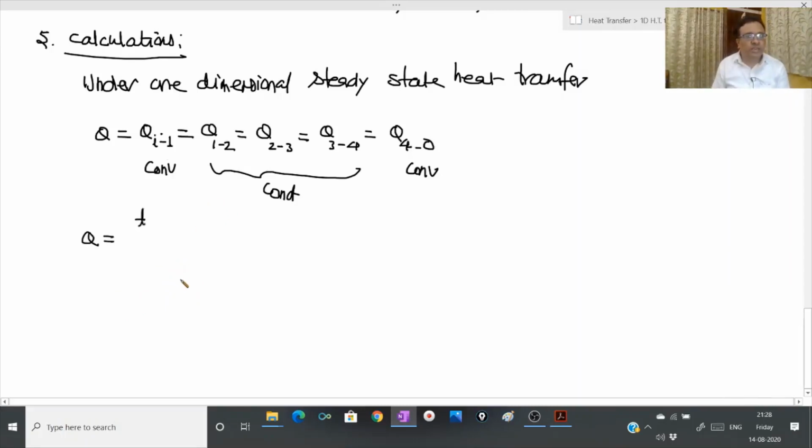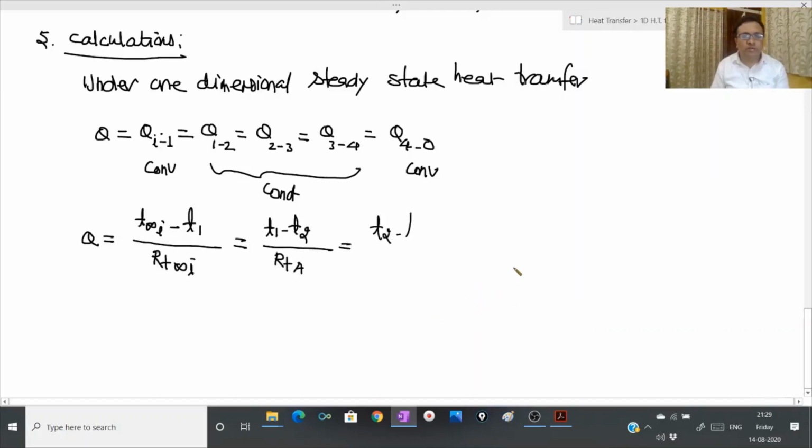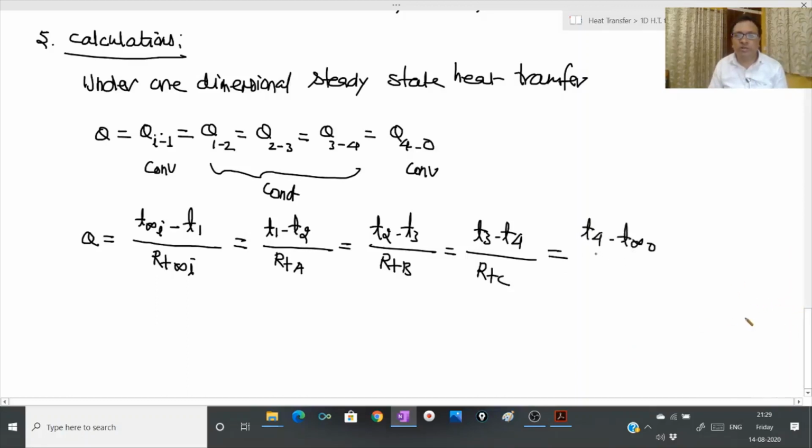So this will be T infinity I minus T1 over thermal resistance of steam fluid film, equal to T1 minus T2 over thermal resistance of steam pipe, equal to T2 minus T3 over thermal resistance of asbestos insulation, equal to T3 minus T4 over thermal resistance of magnesia insulation material, and finally T4 minus T infinity O over convective thermal resistance of ambient air.